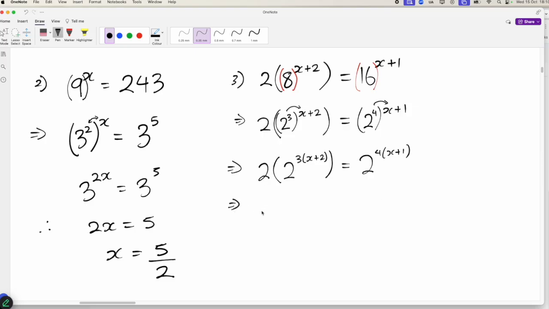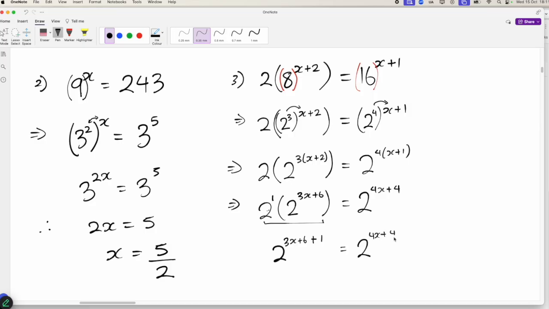And so that'll be 2 to the power of 3x plus 6 is equal to 2 to the power of 4x plus 4. Remember, this is 2 to the 1. When you're multiplying the same base, you add the indices. So this will give us 2 to the power of 3x plus 6 plus 1.